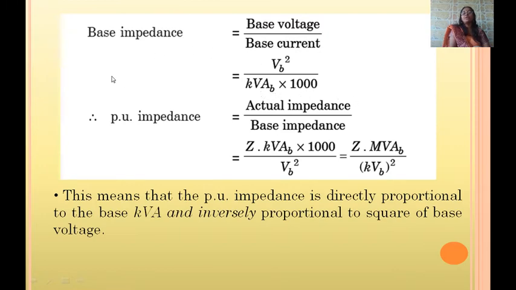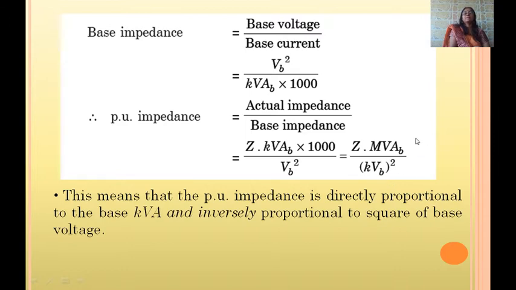So per unit impedance is actual impedance upon base impedance. Actual impedance is in terms of ohm, and base impedance is from the formula we have calculated above, VB square upon kVA B into 1000. So it will be Z into MVA B upon kV base square.